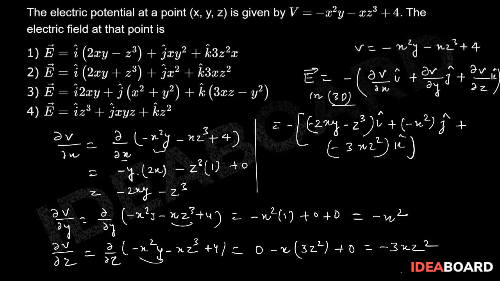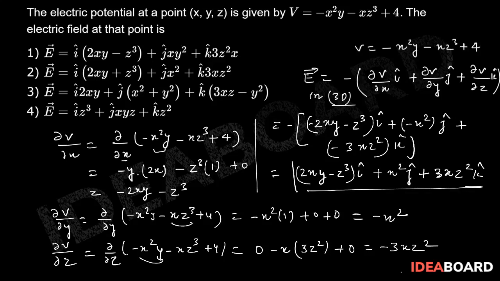If you multiply with the minus, taking the minus common from all of this, we get (2xy + z³) î, minus minus becomes plus, so this will be x² ĵ, plus 3xz² k̂.